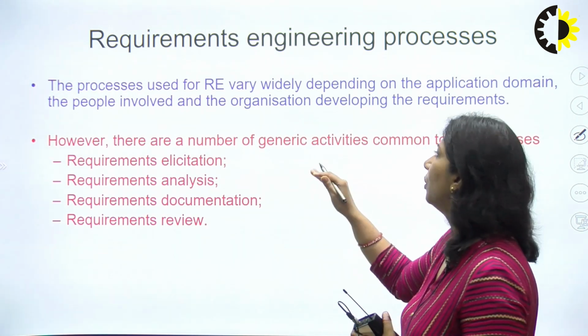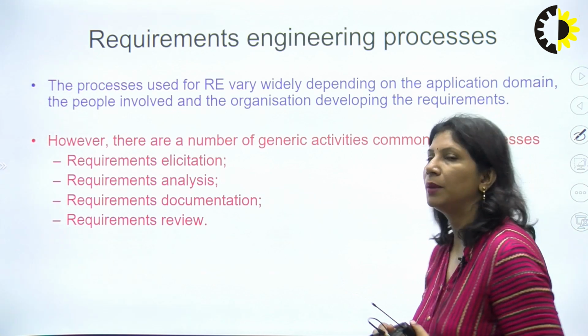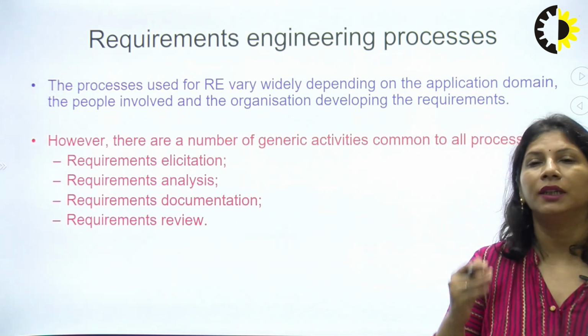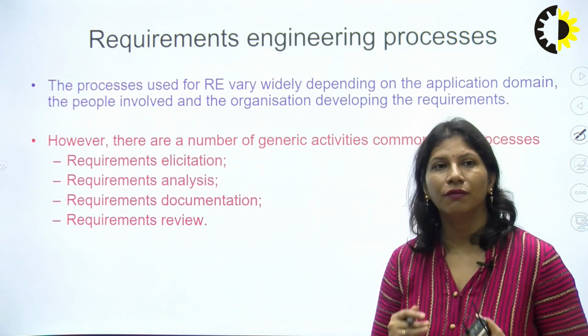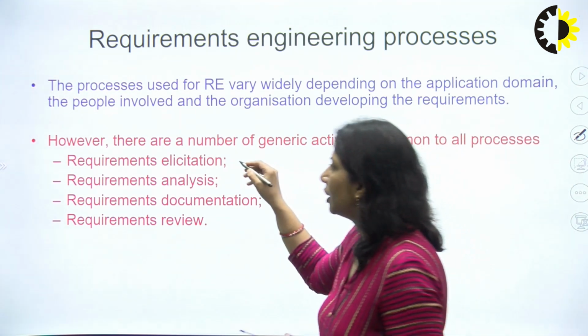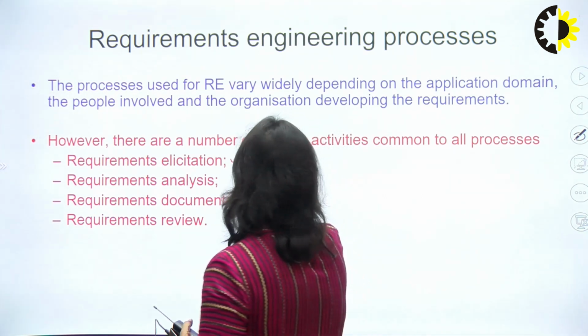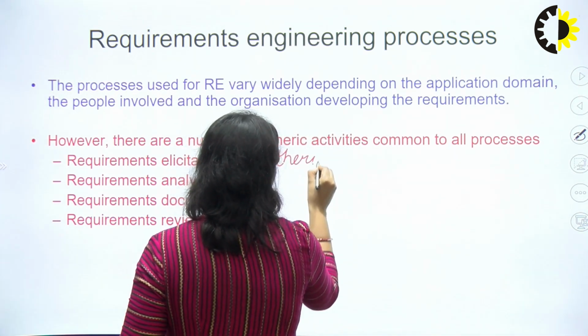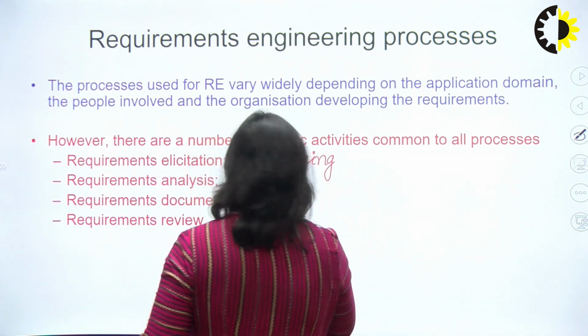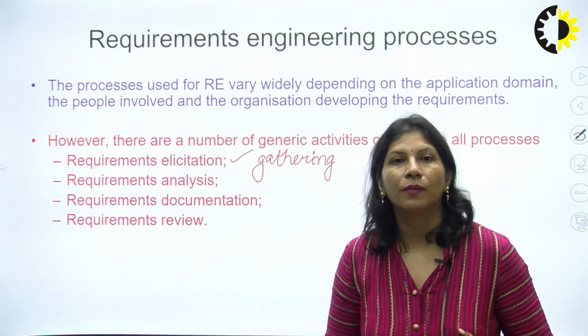Here are some activities that are common to all requirement engineering processes. First one is elicitation, requirement elicitation, or I will call it gathering. You have to gather the requirements from the user, from the customer.